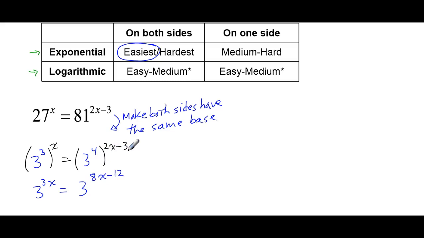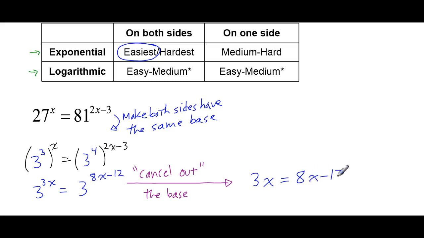And if you can do this and get the same base on both sides, then the next step is super trivial. Really, really easy. You just cancel the base. Which would leave you 3x equals 8x minus 12. And you're home free now.